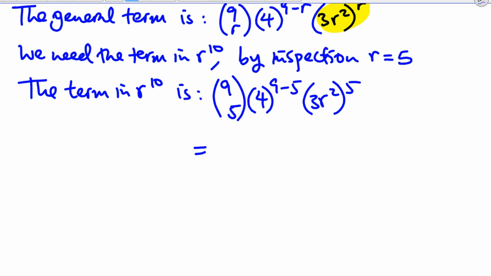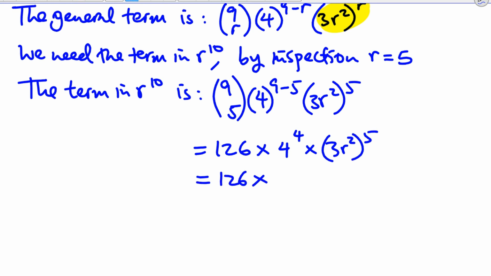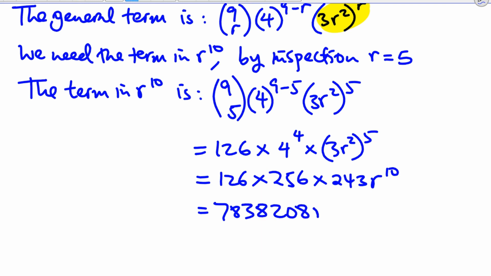So we have 126 multiplied by 4 to the power of 4 multiplied by 3r squared to the power 5, and this will be 126 multiplied by 256 multiplied by 243 r to the power 10, and that will be 7838208 r to the power 10.